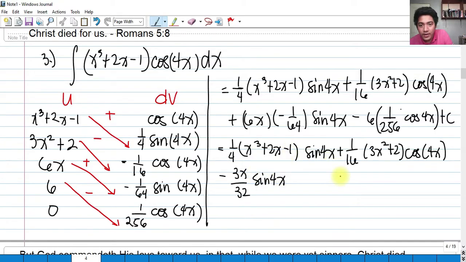And lastly, we have negative 6 over 256, that is, in lowest term, negative 3 over 128 cosine of 4x plus c.